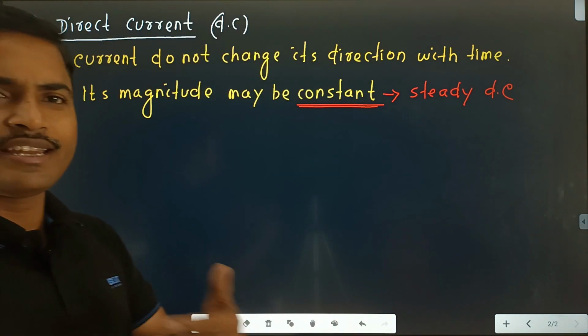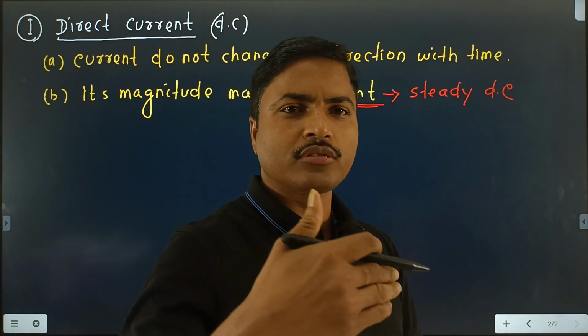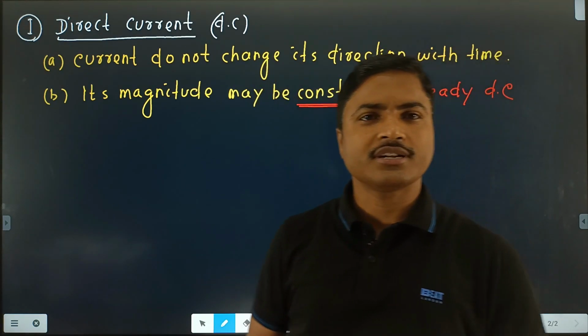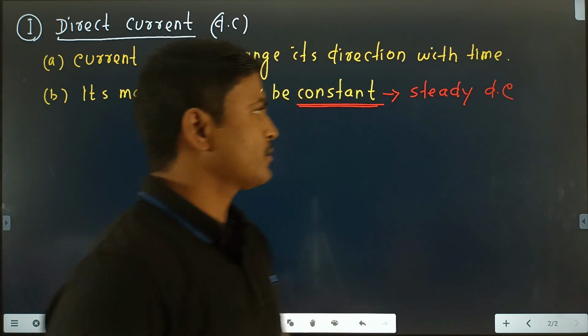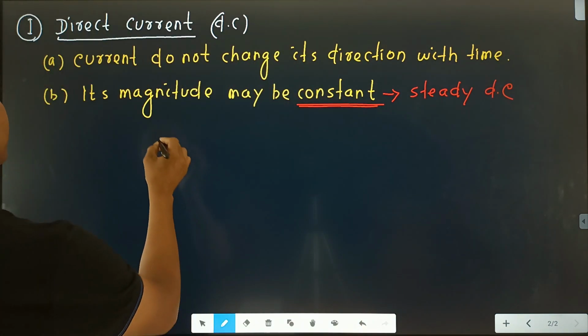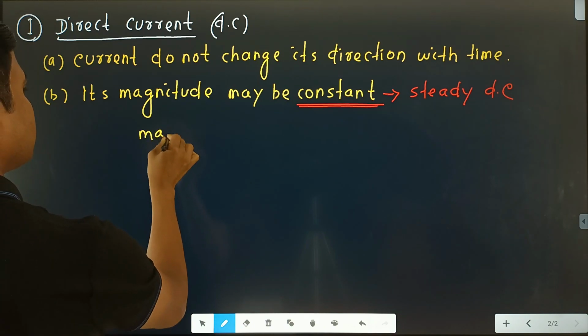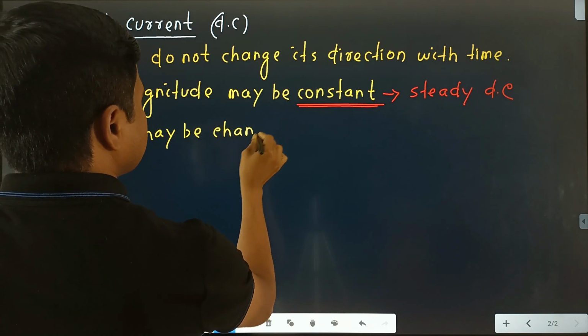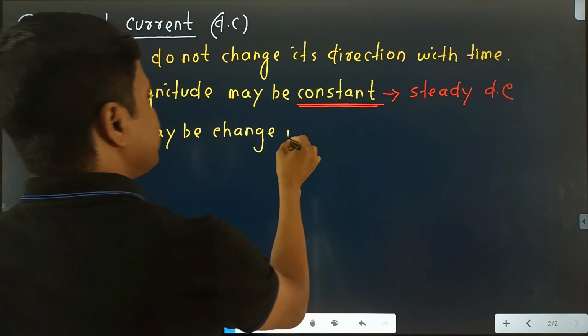Clear? Steady direct current means both magnitude and direction are constant, not changing with time. Similarly, magnitude may vary or change with time.